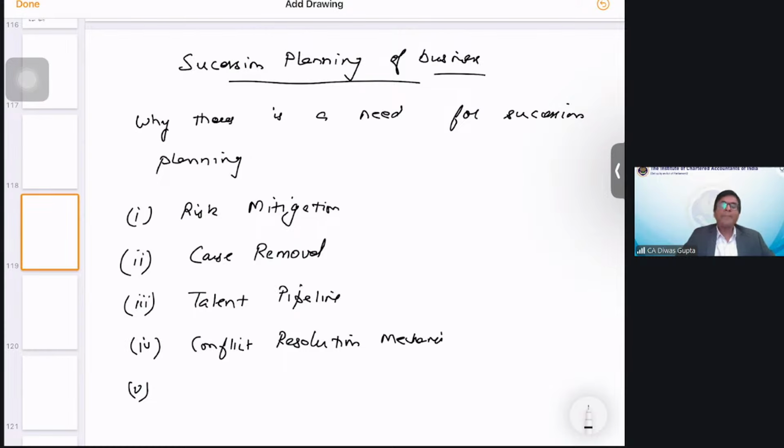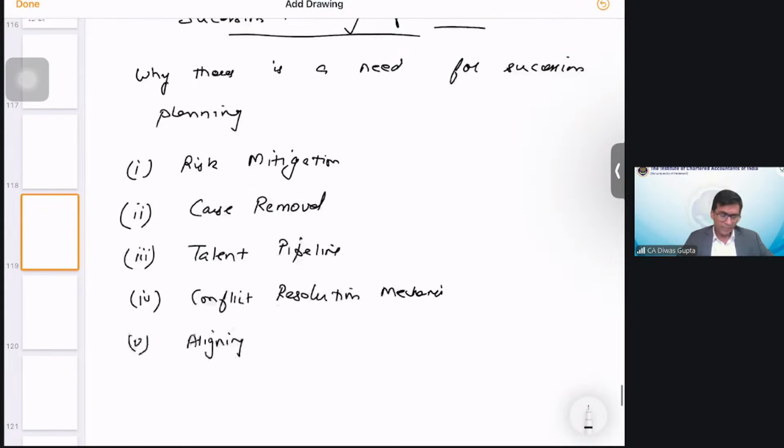So through proper succession planning you can resolve the conflicts between all of them. And then aligning the long term goals of an individual in that company with the availability of the opportunities that are there.